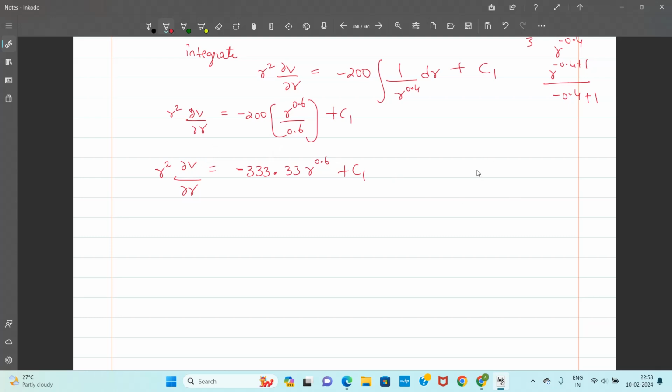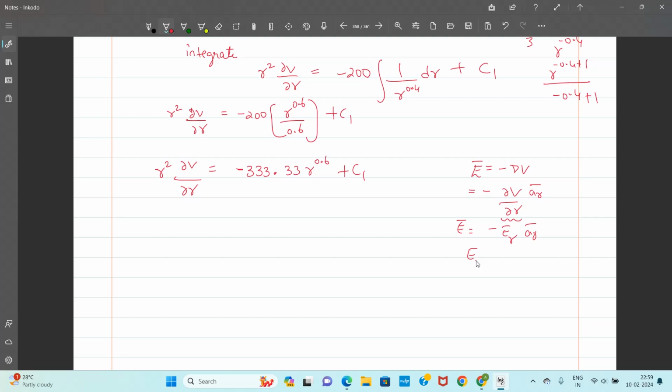Okay, and that substitution is, we all know that E is equal to minus del V, right? And in the spherical system, in the r direction, minus del V will be dou V by dou r into a_r. Now can I say this is your magnitude and a_r is the direction, right?